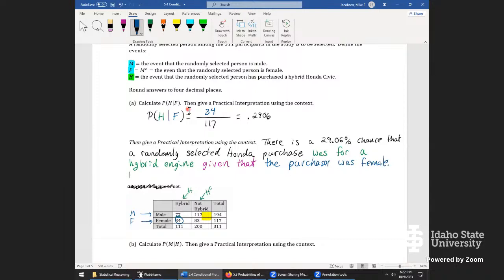So that's what they're saying altogether. Another way to think about it is, if you only look among the female purchasers of this hybrid car, 29.06% of those purchases resulted in a hybrid engine. Whew, we did it, folks. That's the practical interpretation and the probability computation right above. Any questions at all before we try it all over again?